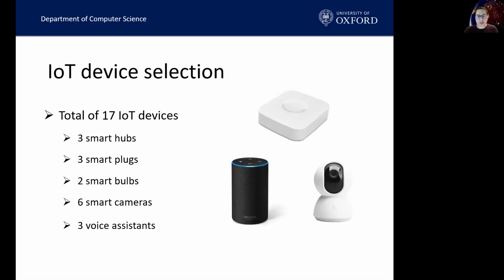When selecting the 17 IoT devices, we had selection criteria. First, that it was from a variety of families, so it included hubs, cameras, switches, and smart speakers. This was to ensure that we had different manufacturers as well, so it represented a sample of devices available on the market. Second, popularity. We searched various popular outlets, Amazon, eBay, and we selected devices based on popularity, average customer rating, and reviews.